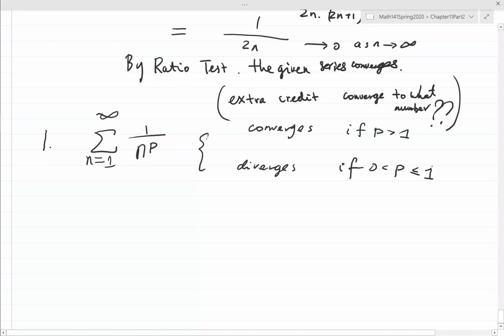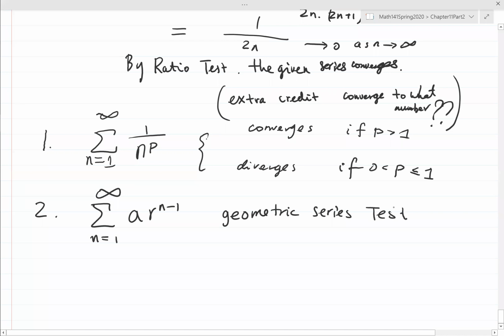Another thing that we did is the geometric series test. If you find the ratio of two adjacent terms, and it is independent of n, then you get a geometric series.